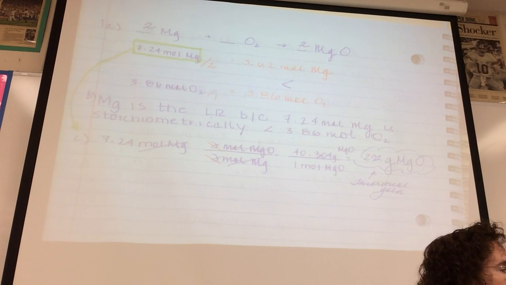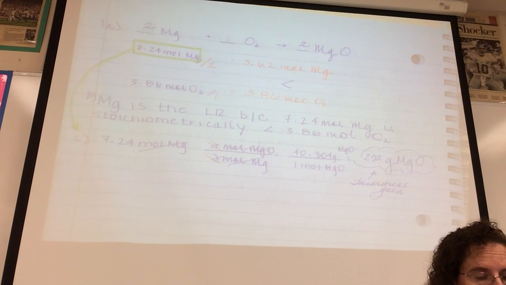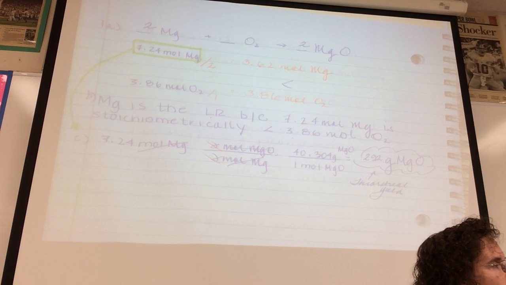Now, in terms of how this question might read from a book question or some classwork questions, your classwork's far more challenging than your quizzes, but that's okay. You'll be very ready. Very often they will just say to you 7.24 moles of magnesium and 3.86 moles of oxygen gas react.